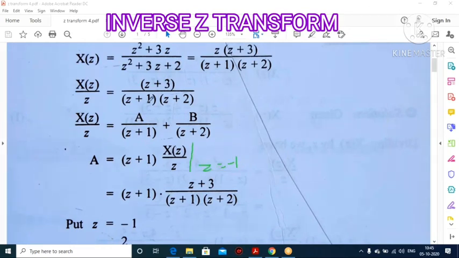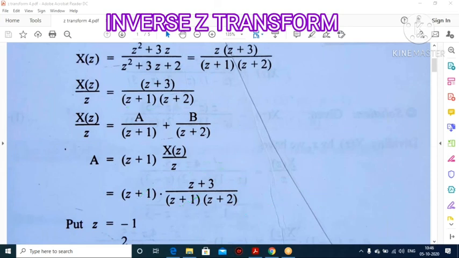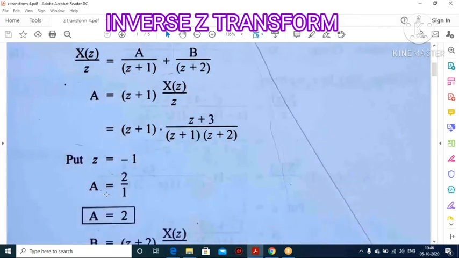Now (z + 1) times X(z)/z is (z + 3) / ((z + 1)(z + 2)) at z = -1. The (z + 1) terms cancel out, leaving (z + 3)/(z + 2). Substituting z = -1, the numerator is 3 minus 1, which is 2, and the denominator is 2 minus 1, which is 1. So A = 2. You got my point, isn't it?